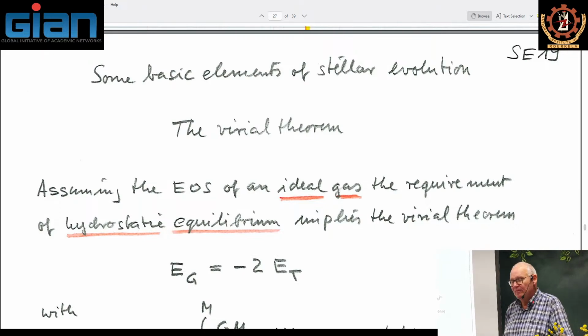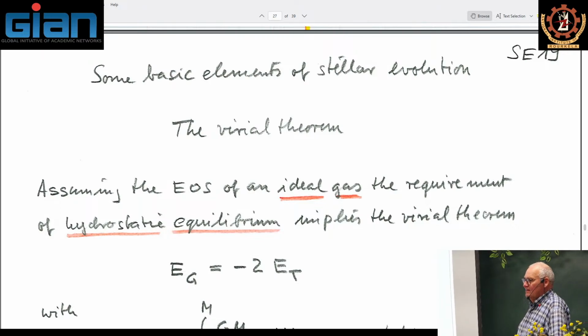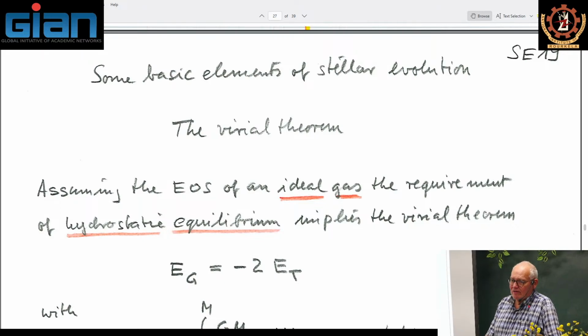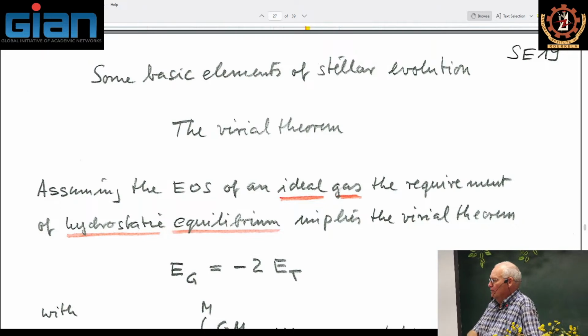Since both are very essential for our understanding of stellar evolution and stellar structure, I will repeat some of the results he derived yesterday, and I will discuss them in the framework of stellar evolution.